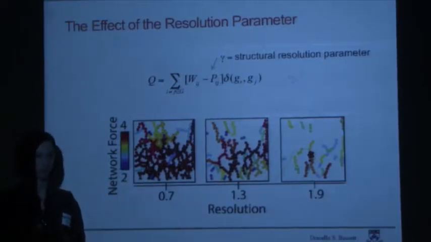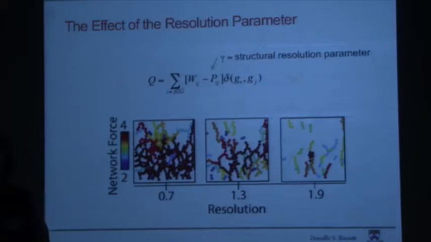Yes, go ahead. Sorry, when you tune the parameter, you're dropping a lot of nodes? We're not dropping, all the white space? Yeah, the white space is single particles that are their own communities. And so we deleted them as a trivial part of the solution. So your quantity Q decides by itself what's the optimal number of communities?